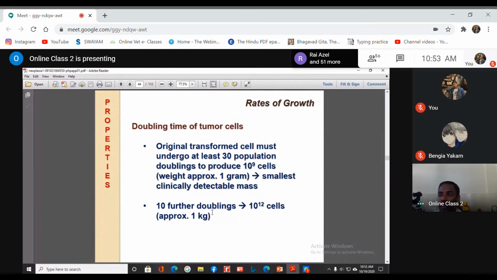Because by the time a tumor is diagnosed, you should remember that the tumor has already completed almost 75 to 80% of its growth.